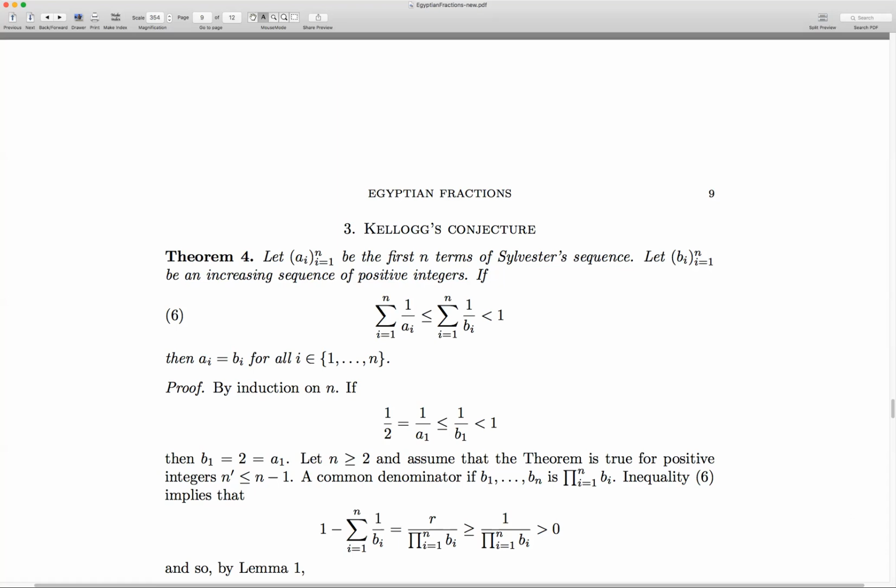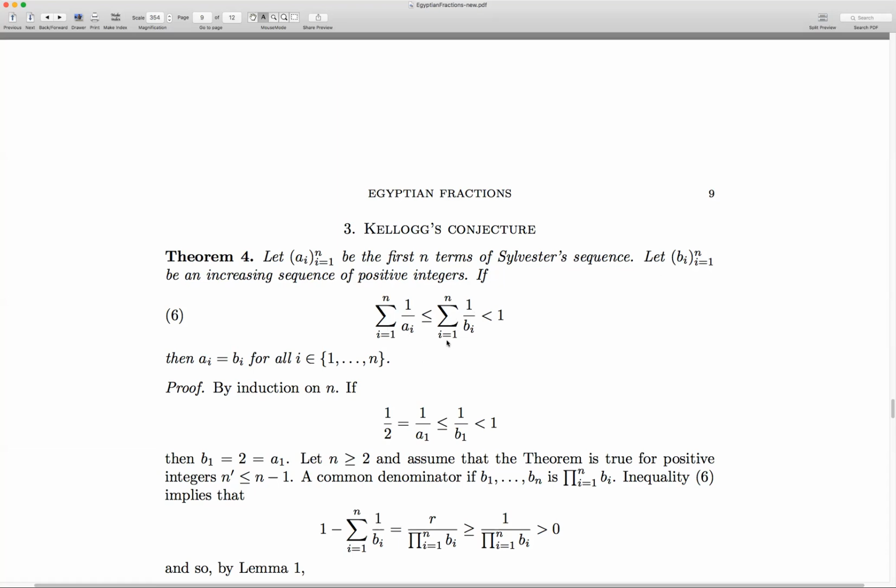So what is the statement? We just saw that taking the sum of the reciprocals of the first n Sylvester numbers gives you an under approximation to 1. And I'll call it Kellogg's conjecture: if you take any sum of the same number n of Egyptian fractions, and if the sum of the 1 over b's is still an under approximation to 1, but greater than or equal to the summation of 1 over a_i, and the b's are in increasing order, then a_i equals b_i for all i.